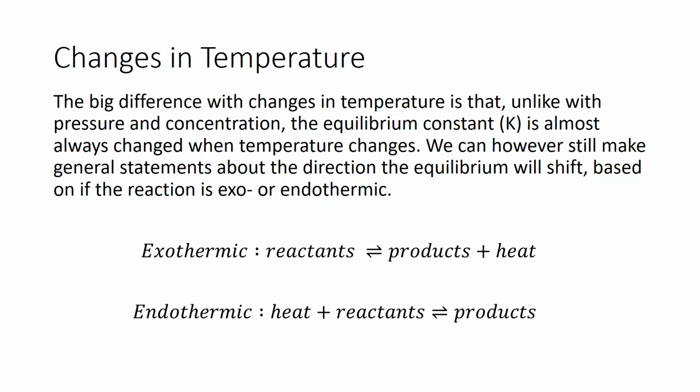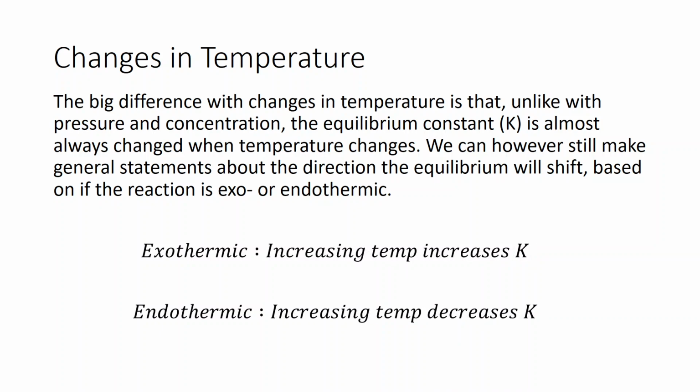Whereas if we add heat to an endothermic reaction, right, it's like adding a reactant, and so it's pushing the equilibrium towards products, right? So what we can say is with exothermic, increasing the temp decreases K, endothermic, increasing the temp increases K.